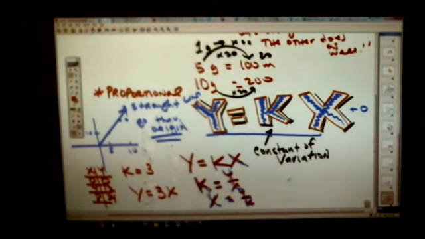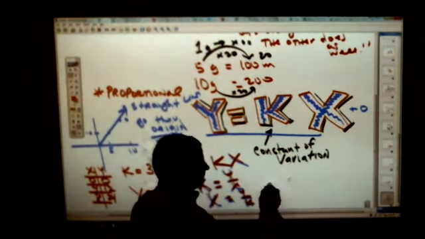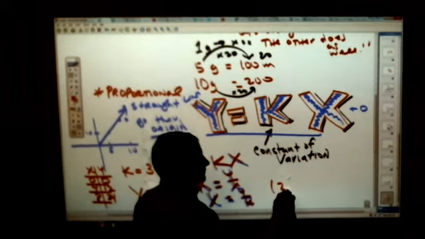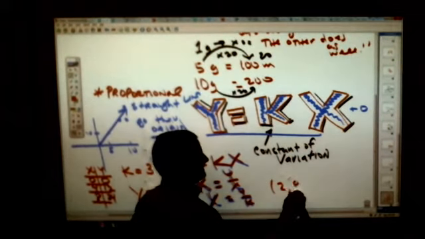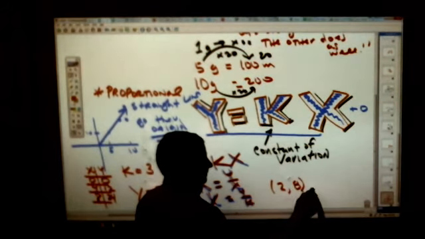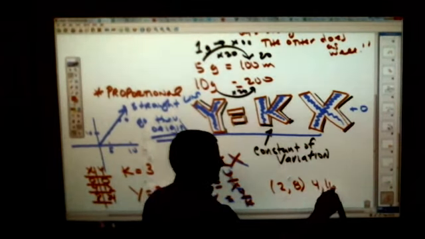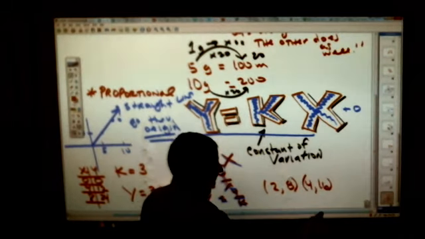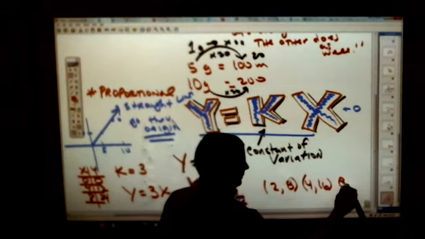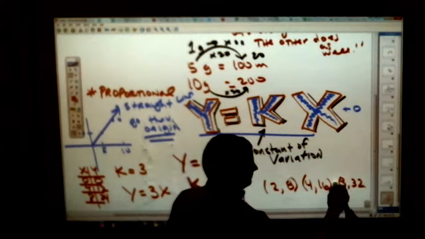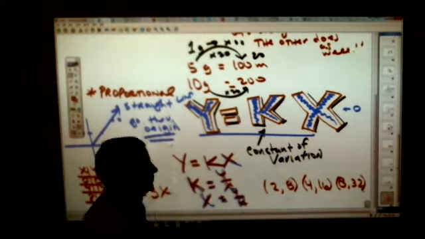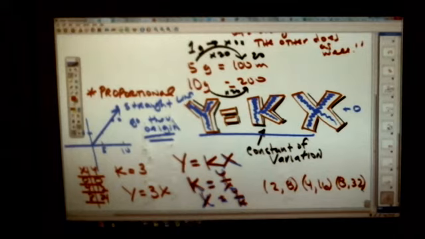What if it was written in this form? What if it was 2, 8, and you had another point that was 4, 16, and another point that was 8, 32. What would be my direct variation equation?